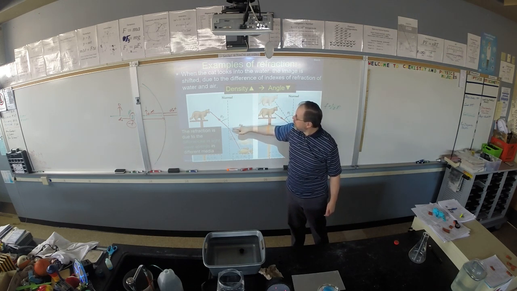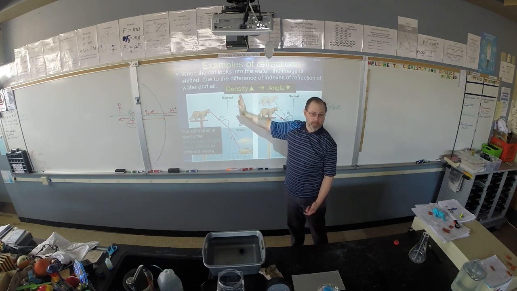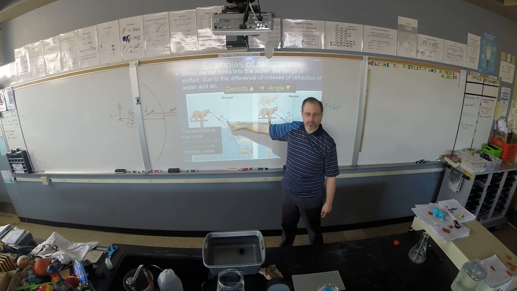If the density goes down, the angle goes up. Make sense? So if this is 10 degrees, this is 20. This is 20, this is 40. If this is 60, this is 90. And if this is 65, can this angle ever be larger than 90?